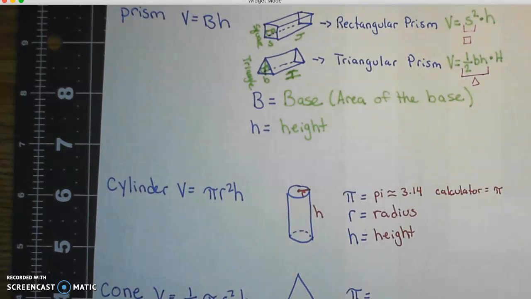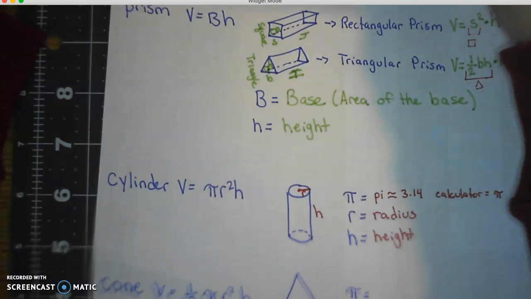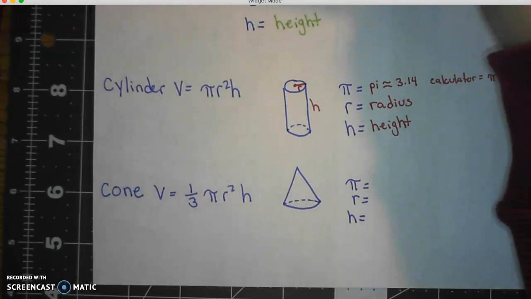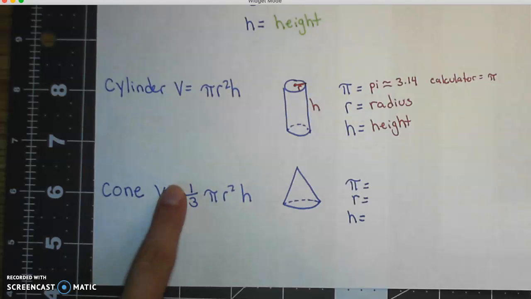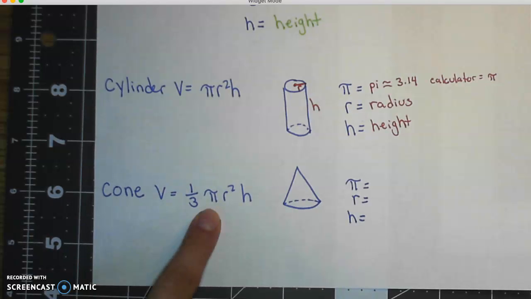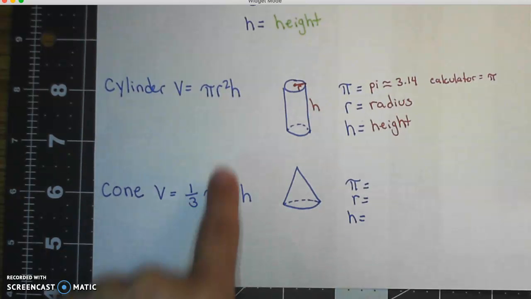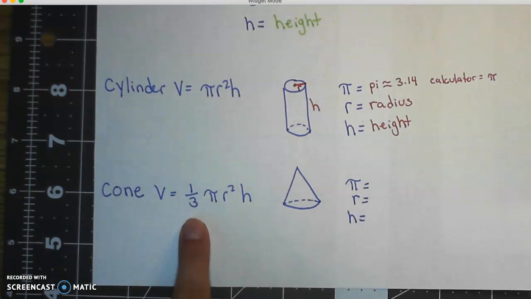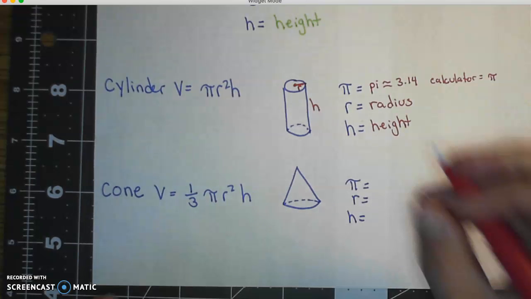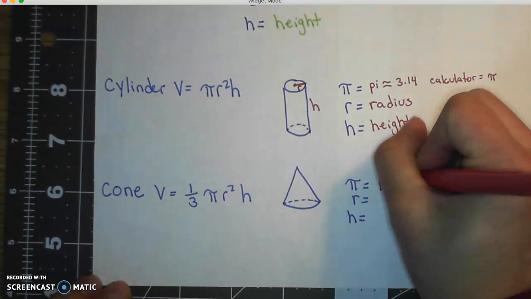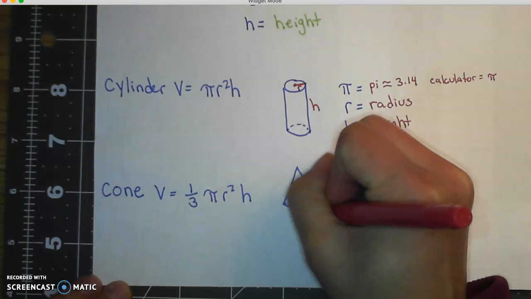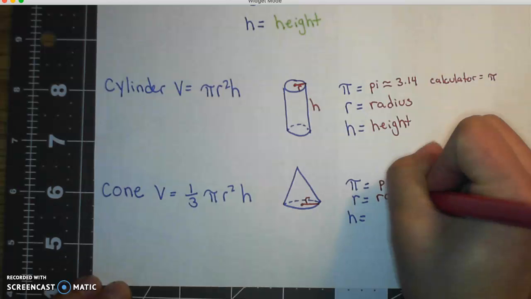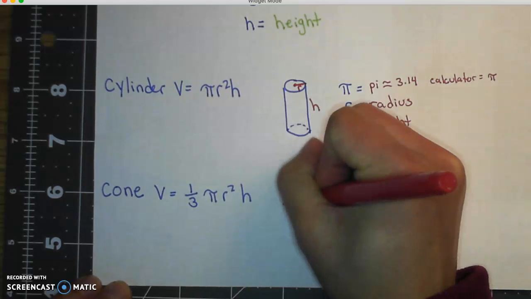Up next, we have a cone. This is like an ice cream cone, upside down. The volume of a cone is 1/3 pi r squared h. So it's almost the same thing, it's just that we have 1 divided by 3. Again, this is pi, this is the radius, and this time the height is in the middle.